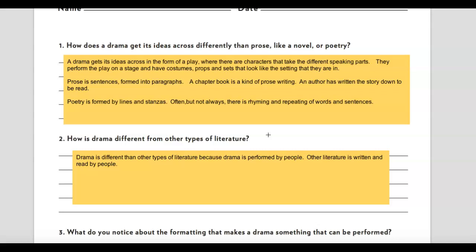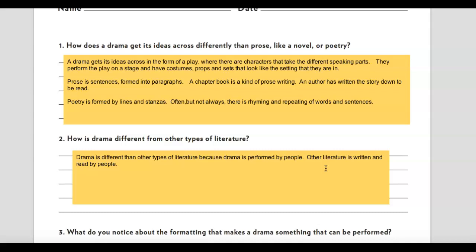So now let's look at number 2. It says, how is drama different from other types of literature? Well, there's a lot of different types of literature: nonfiction, fiction, biographies, autobiographies, just lots of different literature.